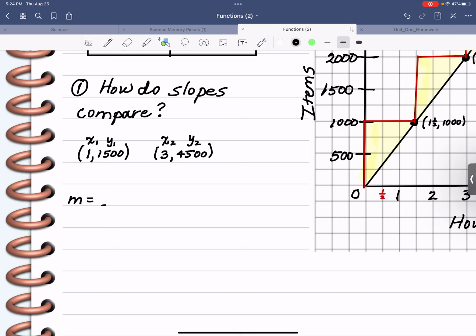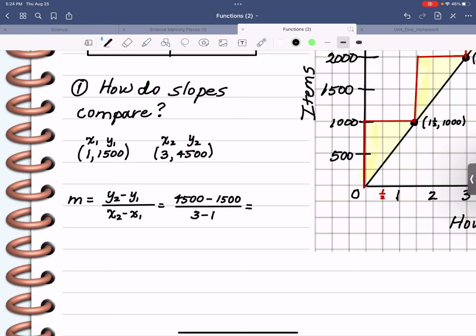And just to remind you what it is, I know you're tired of writing it, but the more you write it, the better you'll remember it. Y2 is 4,500. Y1 is 1,500. X2 is 3, and X1 is 1.